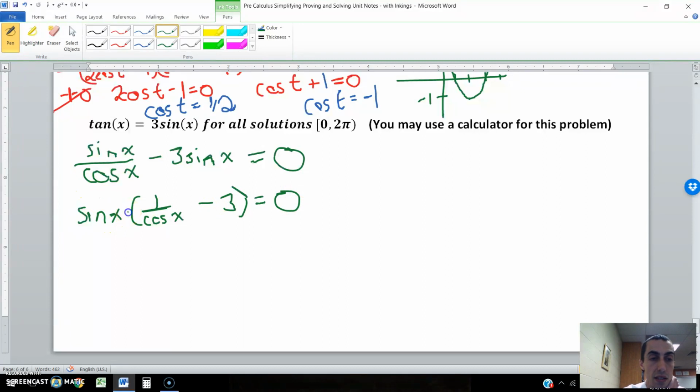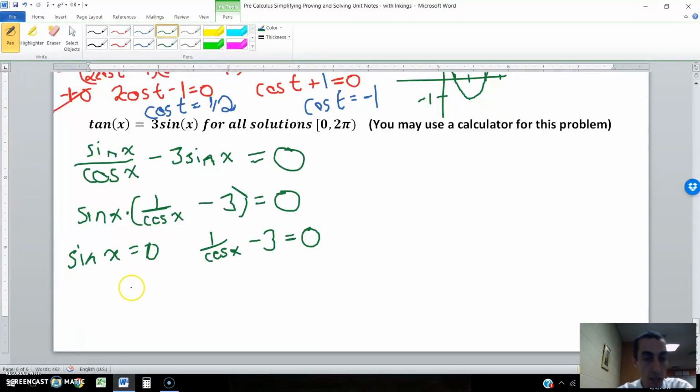Now I can set both of these factors equal to 0. Sine of x equals 0, and then 1 over cosine of x minus 3 equals 0. Then I'm going to add 3 to both sides here.